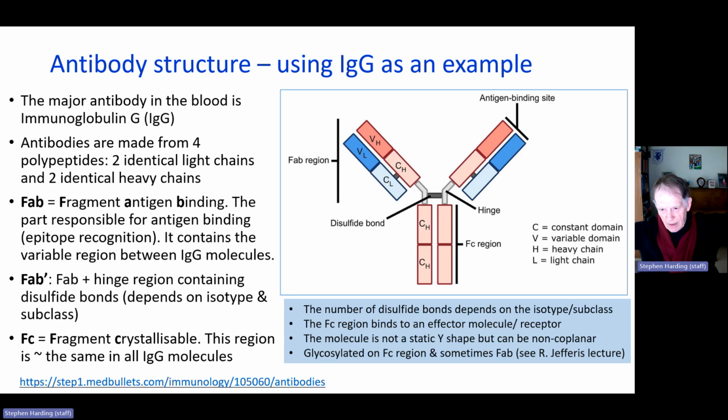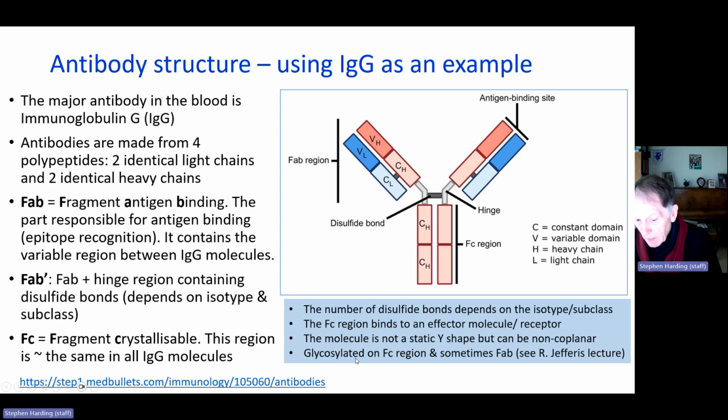The three arms of the antibody can be non-coplanar, a bit like a traffic warden. So bear in mind that antibodies are not necessarily coplanar. The domains can lie in different planes.